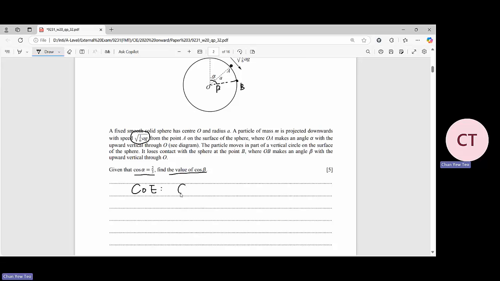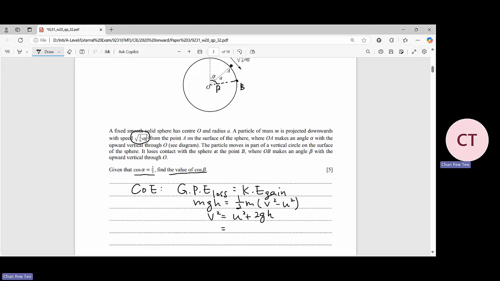We have the GPE loss equal to the KE gain. So the formula will be mgh equal to half m of v squared minus u squared, and you can have v squared equal to u squared plus 2gh.